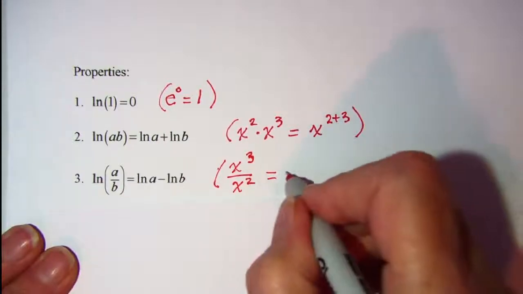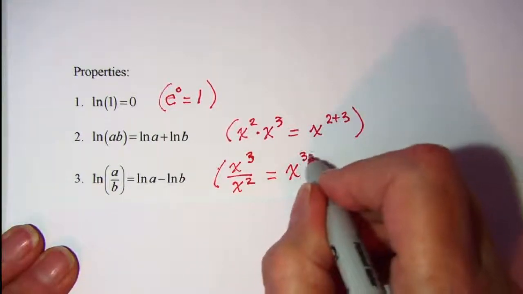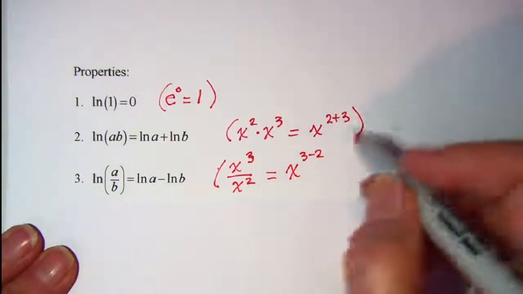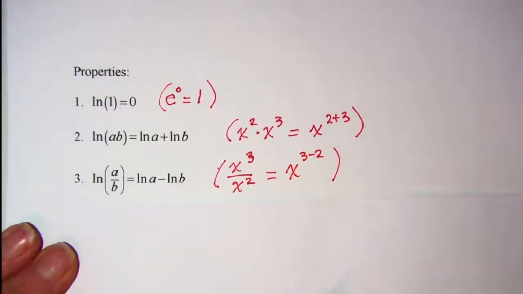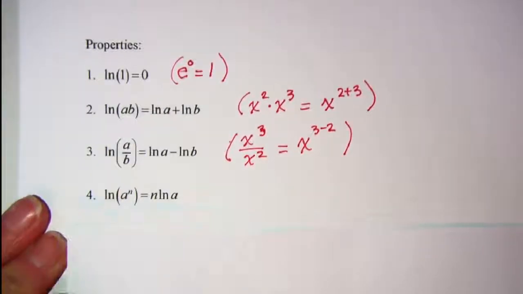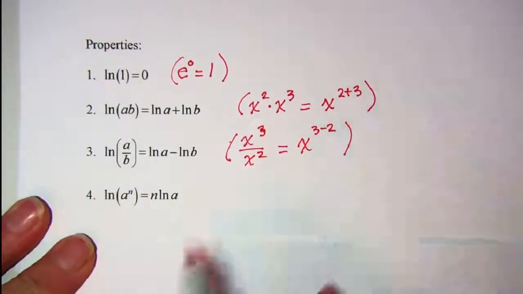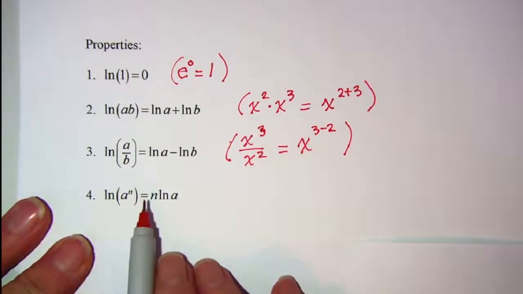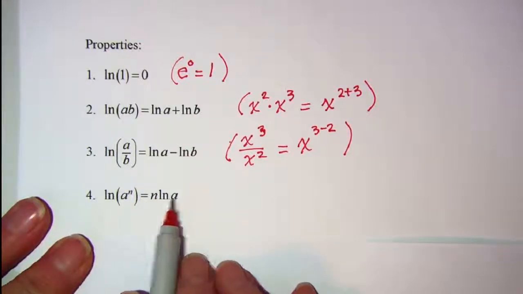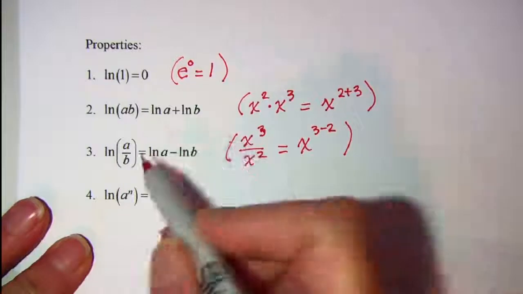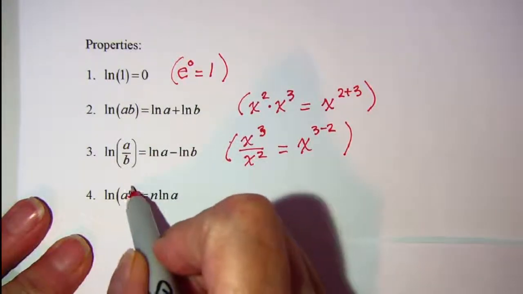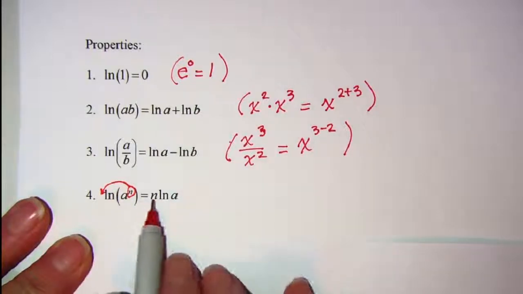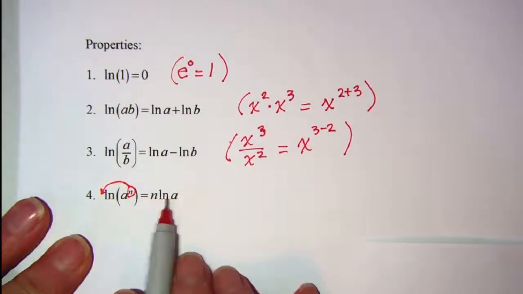That's the same as x to the 3 minus 2, because you subtract those exponents. And then our last property is the ln of a to the n power is equal to n times the ln of a. In other words, we can bring this exponent out in front and write n times ln of a.